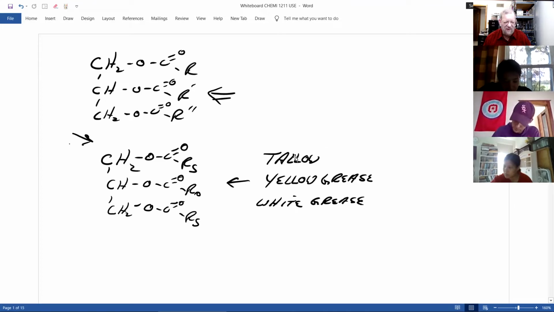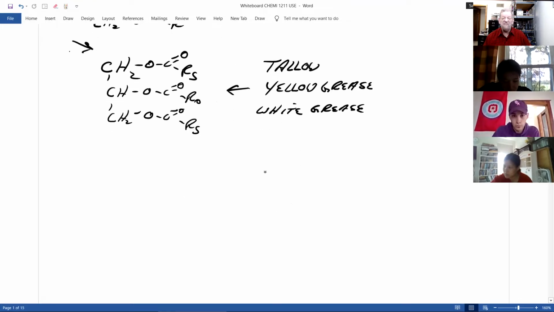Now, what's R sub O and R sub S? By the way, this is also a little joke of mine. Look what this spells out, the subscripts. SOS, save our ship. But anyways, let's look at stearic acid.